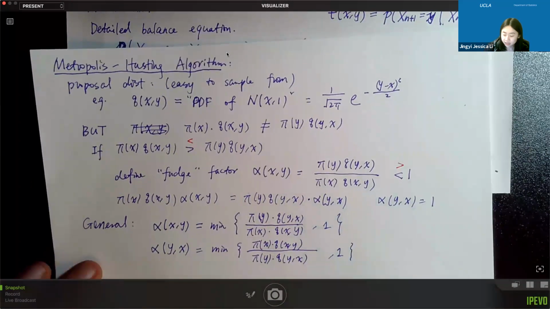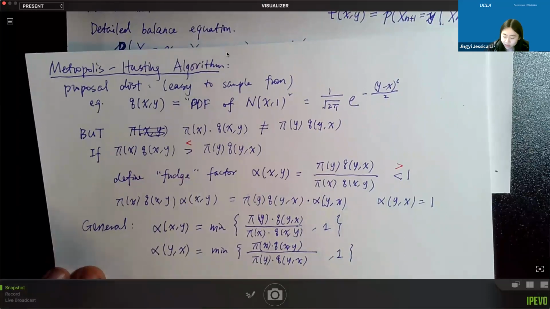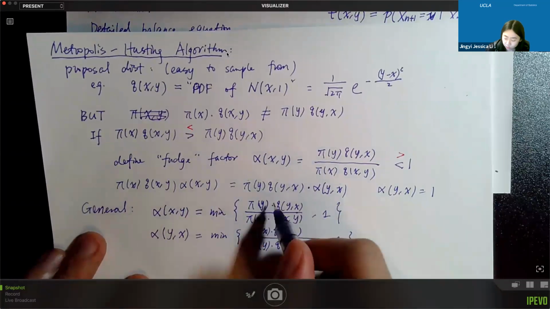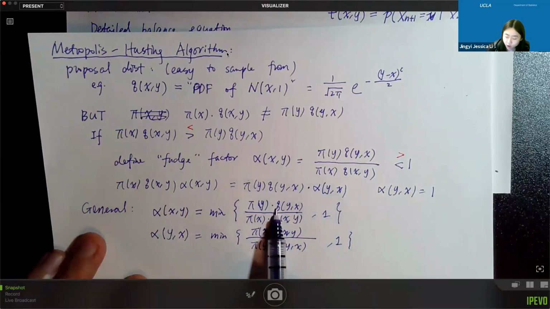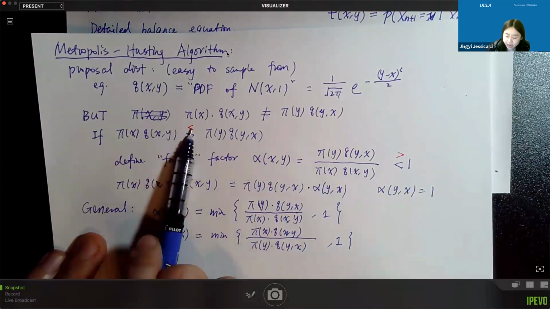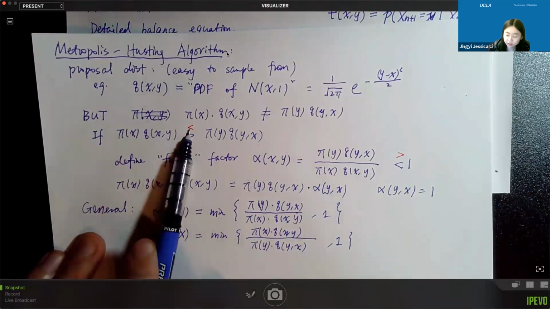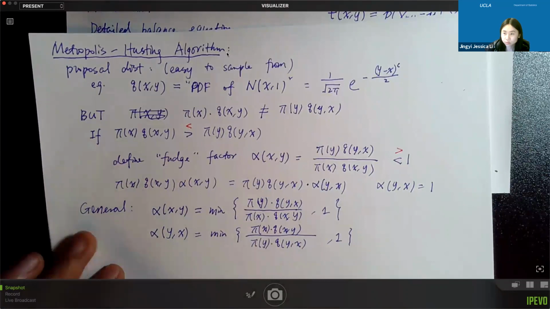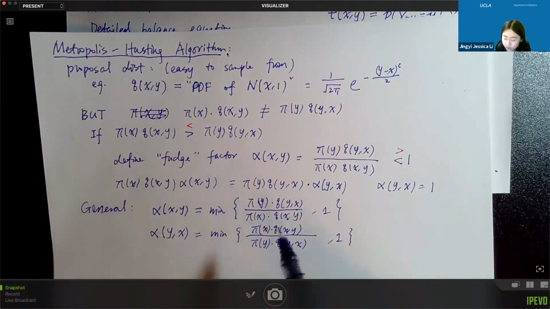So then you can see in the previous case, when the left-hand side is greater than the right-hand side, alpha x y will be equal to the ratio, while alpha y x will be equal to 1. In the other case, when the left-hand side is less than the right-hand side, alpha x y will be 1, while alpha y x will be the ratio. So that's why this general formula gives a very interesting case.